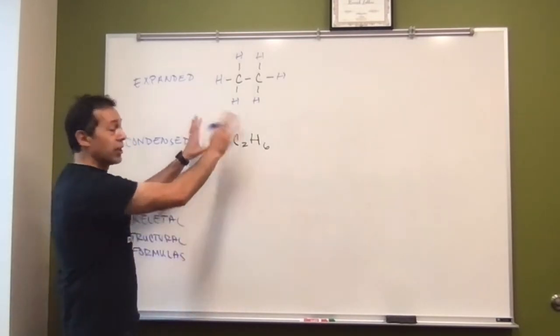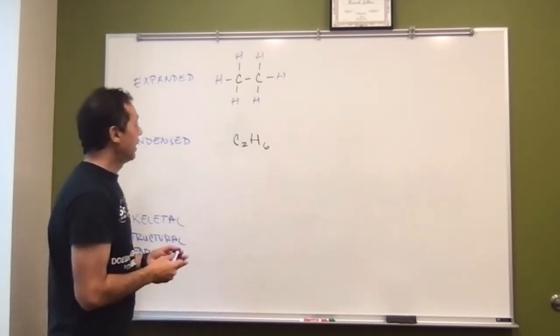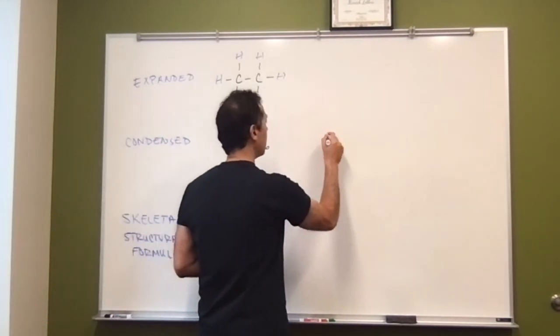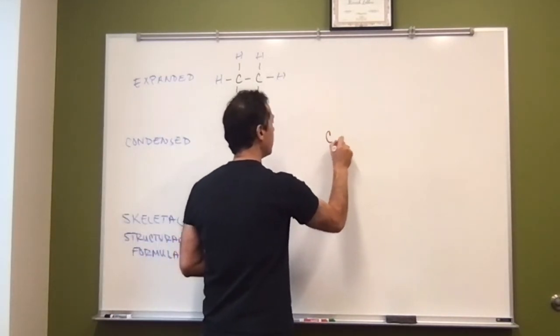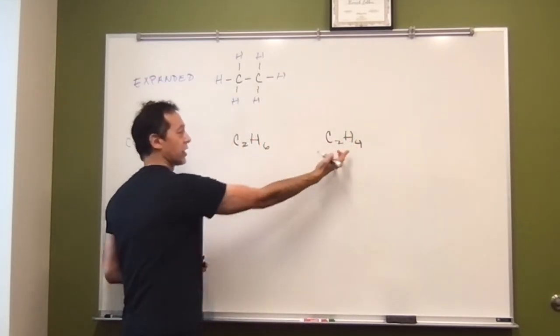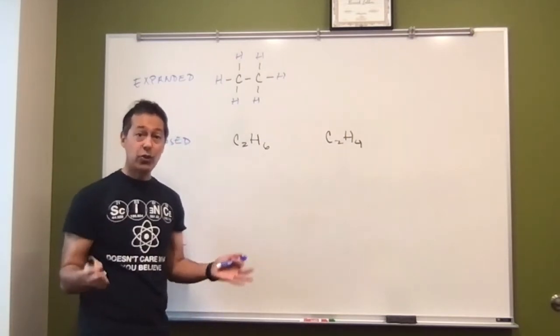So I'm going to draw another one of these. This one's going to be a little bit trickier now. I'm going to go C2H4. C2H4. It's got 2 fewer hydrogen atoms. And the question is, can we draw this one out?